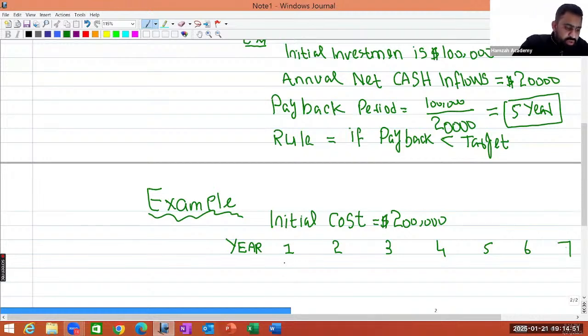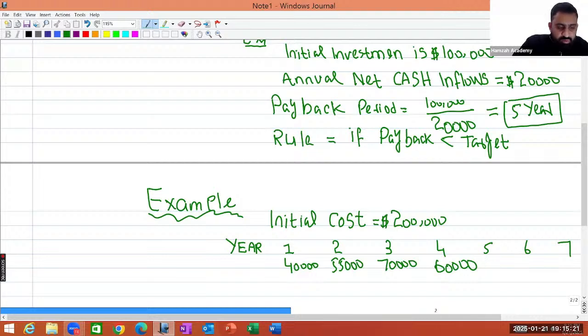Now, in year 1, we expect to recover 40,000. In year 2, we expect to recover 55,000. In year 3, we expect to recover 70,000. In year 4, we expect to recover 60,000.